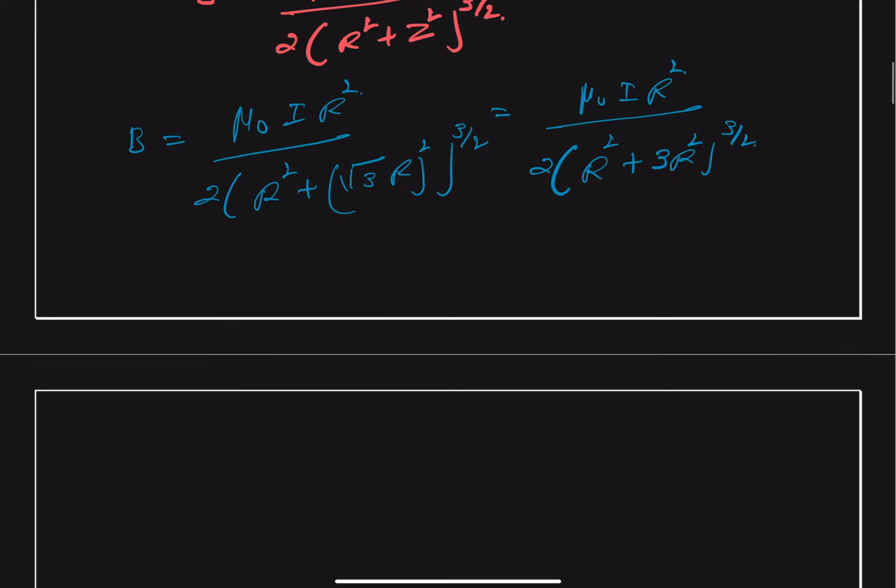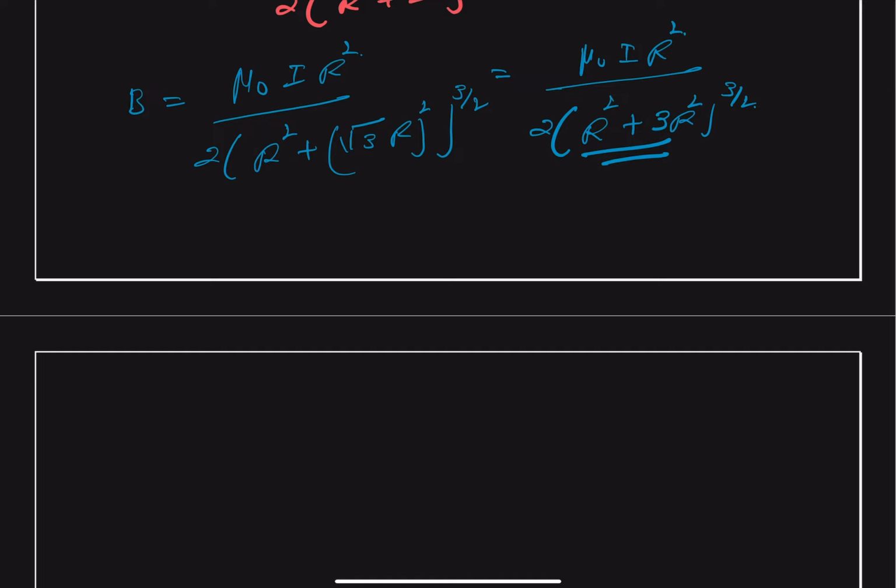This comes as 4r square, so we can write this as mu naught I r square divided by 2 multiplied by 4r square whole raised to power 3 by 2.